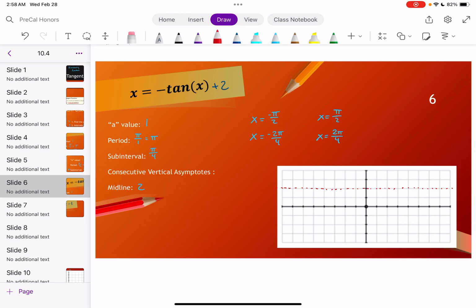From that positive 2, we're going to find our asymptotes, which are going to be at negative 2 pi over 4 and a positive 2 pi over 4.